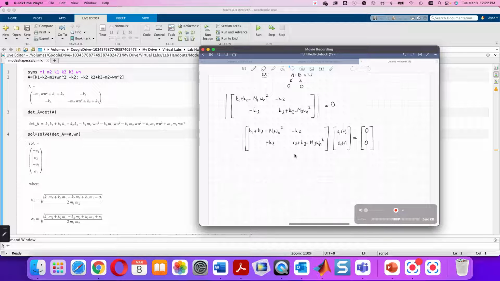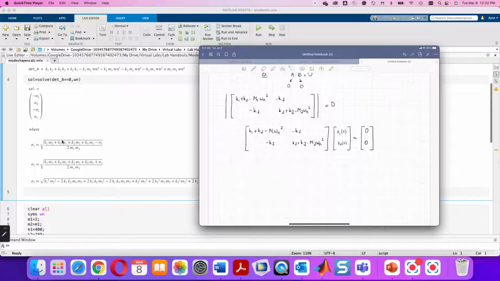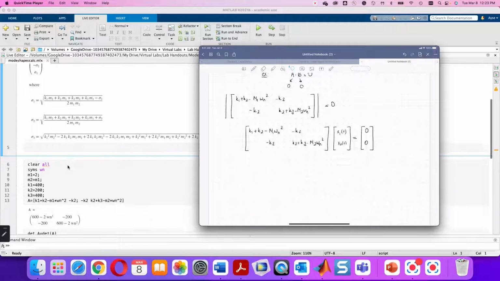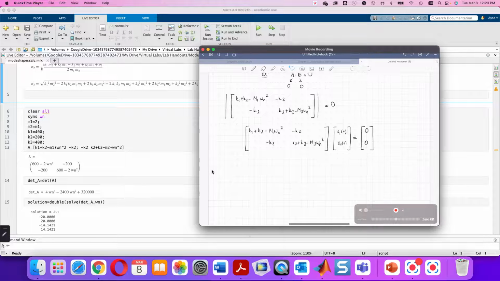For a 2 degree of freedom system, we are expecting 2 natural frequencies, but mathematically there are 4 solutions. So let's solve this. The solution is setting this determinant of A equal to 0 and solving for omega n. Yes, this is a long expression here, but to simplify it, let's give some examples.